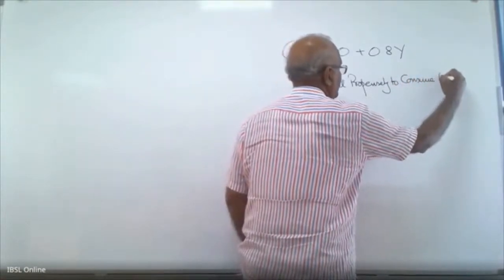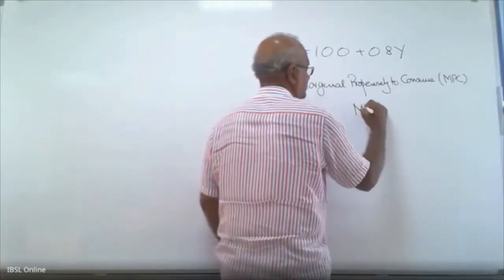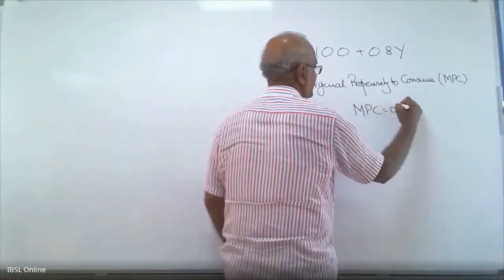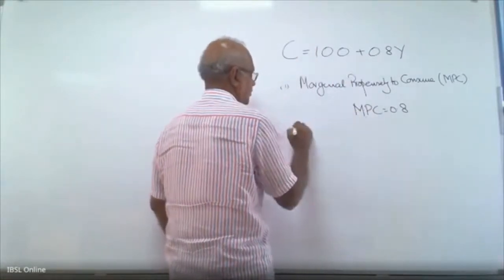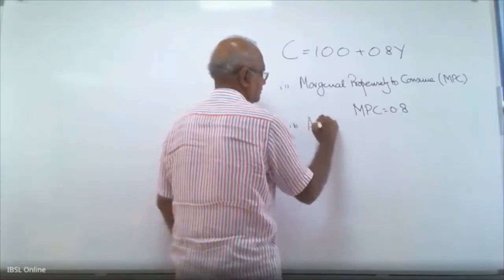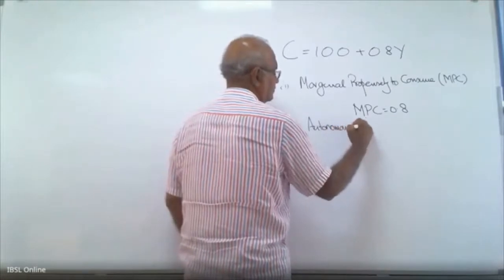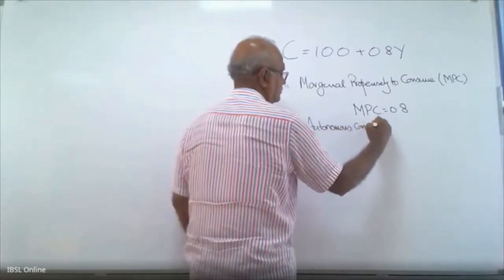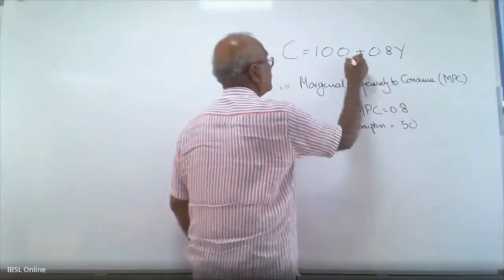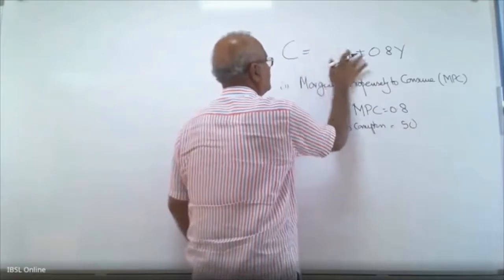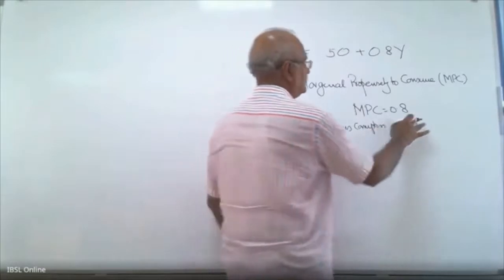MPC equals 0.8. Number 2, autonomous consumption equals 50. Autonomous consumption 50.